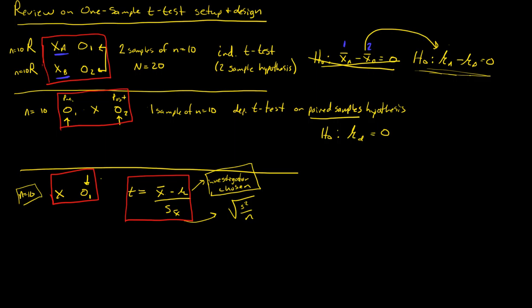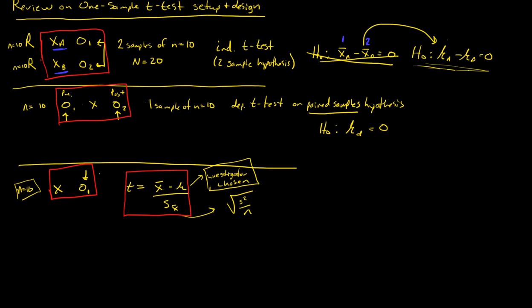I think it's important here, one of the pieces we didn't mention, let me just do this quickly before we sign off, is that this is now a one sample hypothesis.